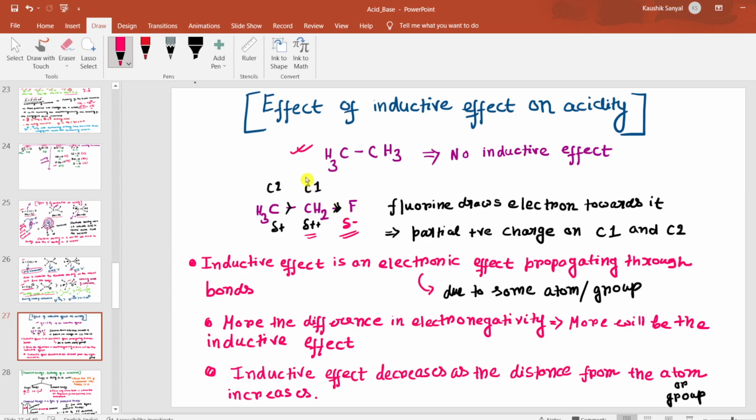You can see that carbon C1 is much closer to the fluorine atom, so the inductive effect produced by the fluorine atom is much higher on it. So the partial positive charge produced on the C1 carbon atom will be higher than on the C2 carbon atom. So the inductive effect decreases as the distance from the atom increases. If you want to understand the inductive effect more, I can give another lecture on it.